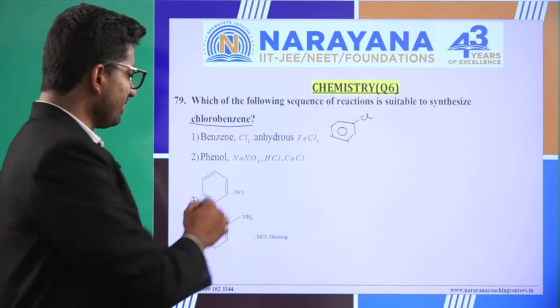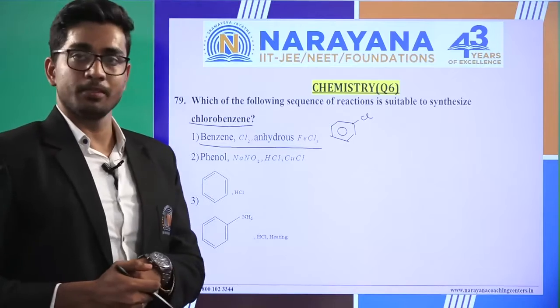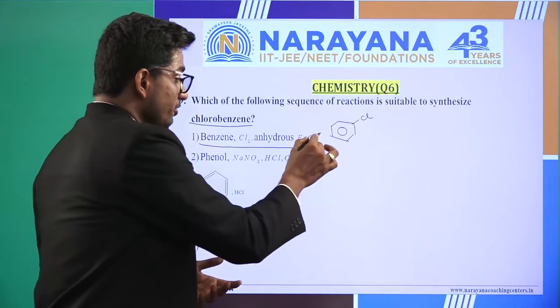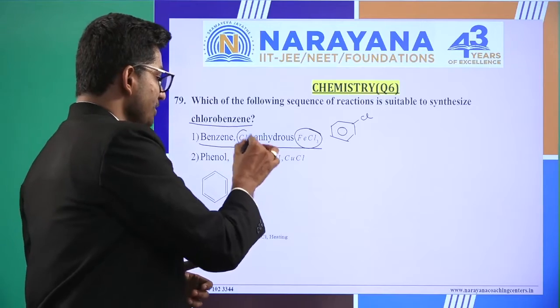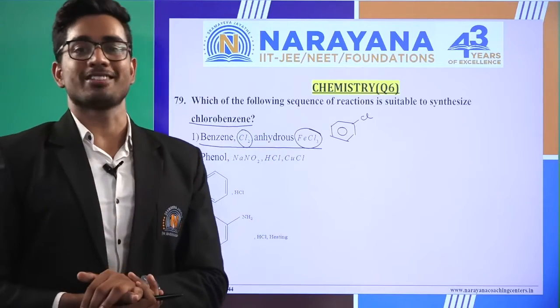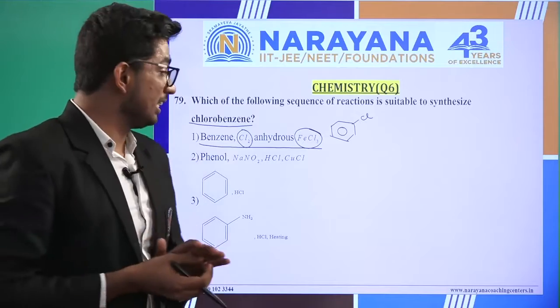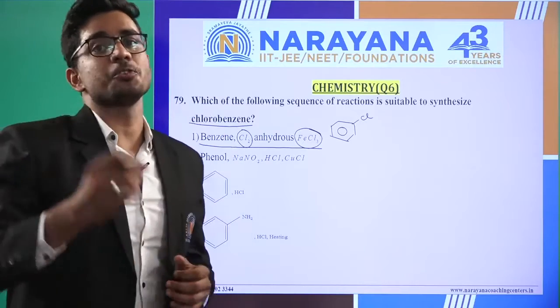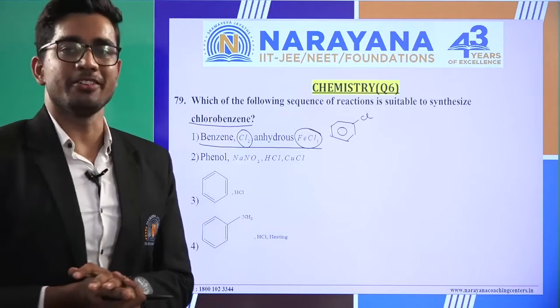So first of all, it is benzene with chlorine and anhydrous FeCl3. As you all know, FeCl3 is a Lewis acid, and we have Cl2, that means Cl2 with Lewis acid. We have seen it somewhere, right? We have seen it in the electrophilic aromatic substitution, where chlorine gets substituted on the benzene ring.